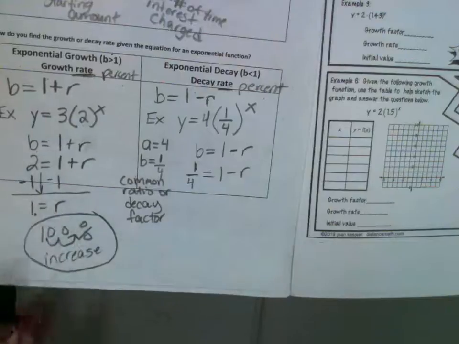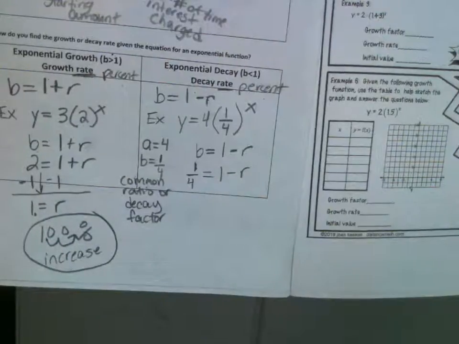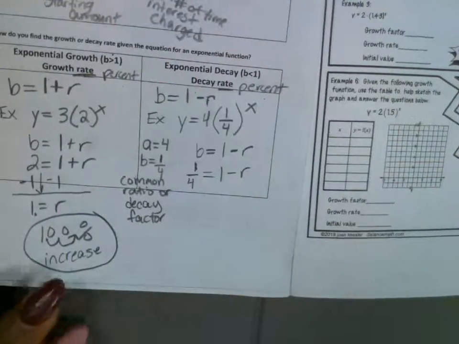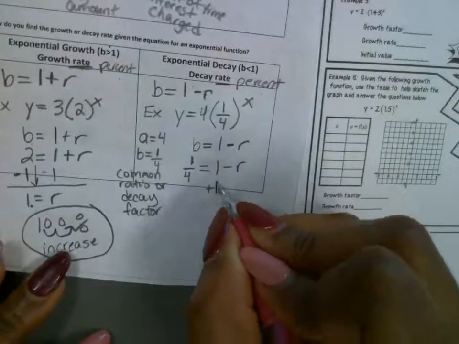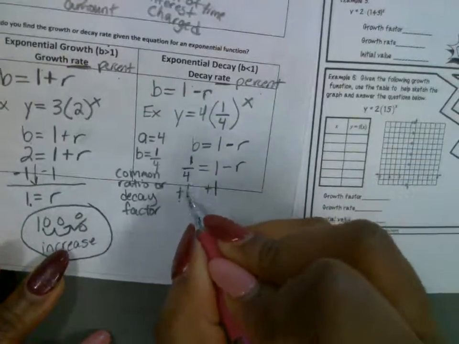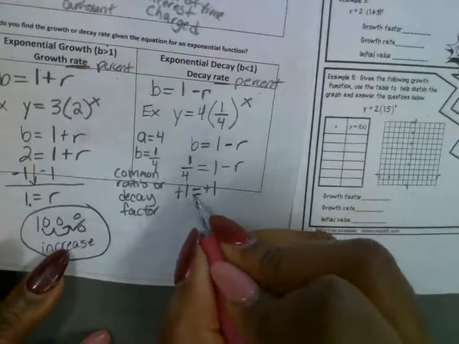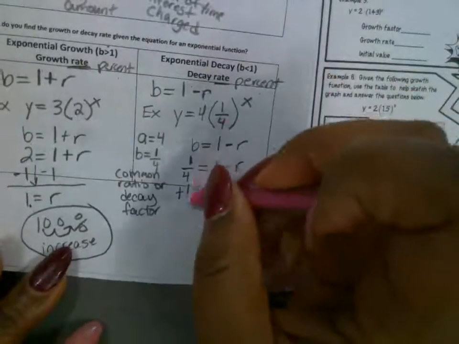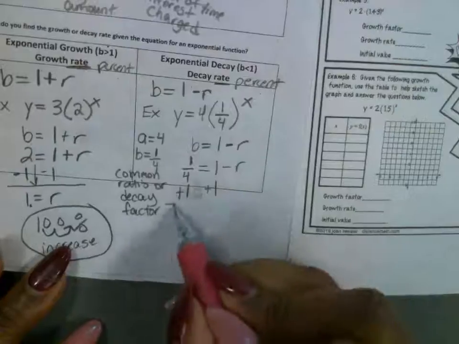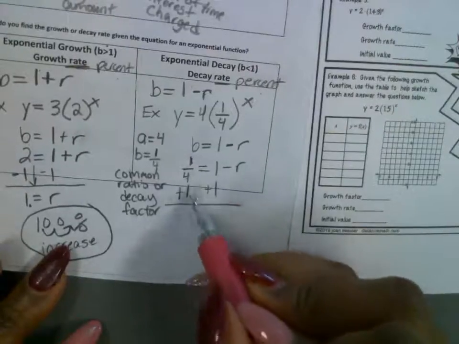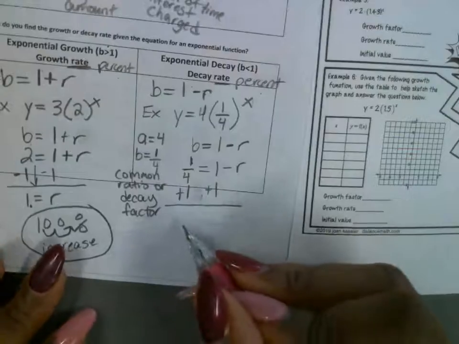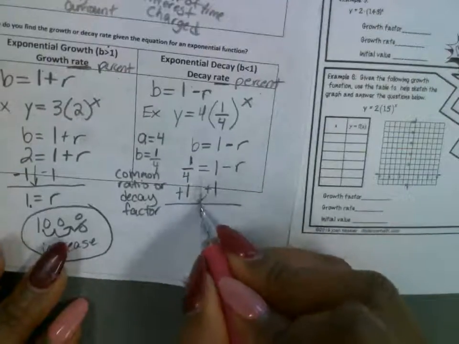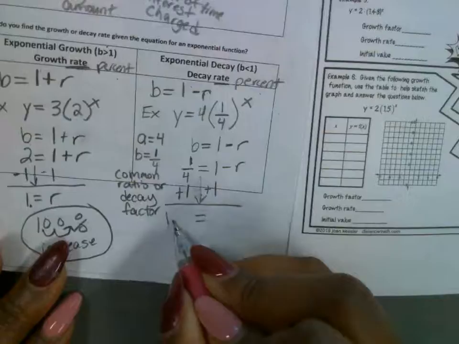So now we got to get R by itself. So how do I get R by itself? Yes, add 1 to both sides. Oops, I don't know why I put equal right there. So when we add 1/4 plus 1, what is that? Let's write it as a decimal because this is a rate. What does that give us? 1.25.